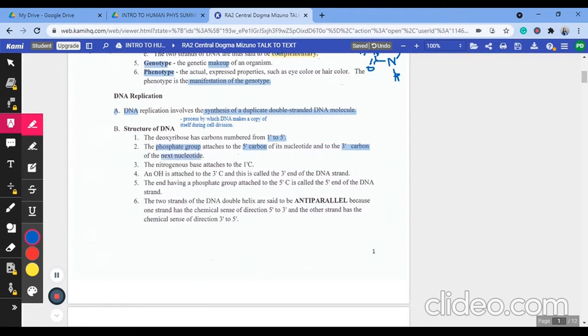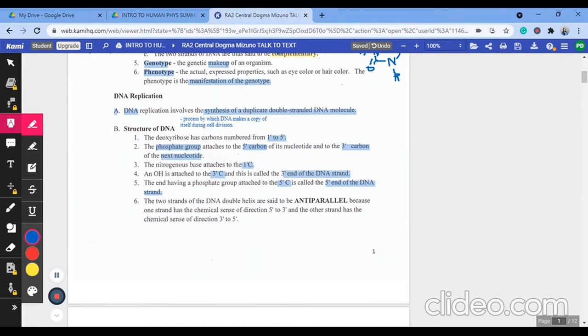The nitrogenous base attaches to the 1 carbon. An OH is attached to the 3 carbon, and this is called the 3 end of the DNA strand. The end having a phosphate group attached to the 5 carbon is called the 5 end of the DNA strand.